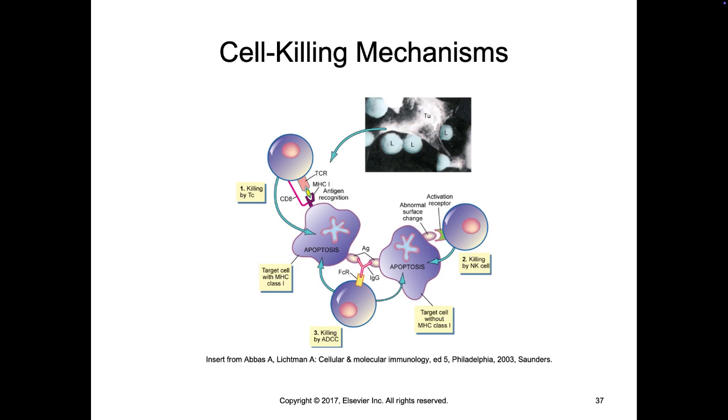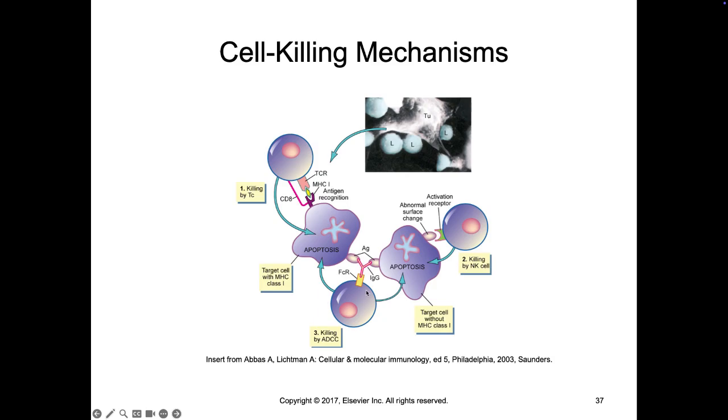So you can see here again the different mechanisms. Cytotoxic T, we engage foreign antigen on MHC1. We induce apoptosis by punching holes in the membrane and hitting it with apoptosis-inducing chemicals.